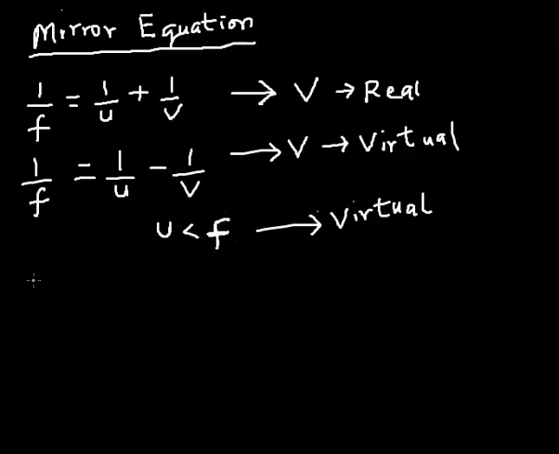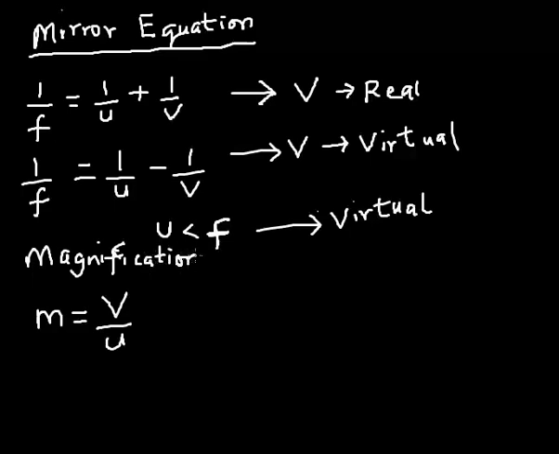That's another formula, the formula for magnification. Magnification of a mirror talks about how big the image is with respect to the object, and it's given by the formula v all over u. M is equal to v all over u. So that is the formula for magnification of the mirror. That particular image is said to be magnified if its size is greater than the object.